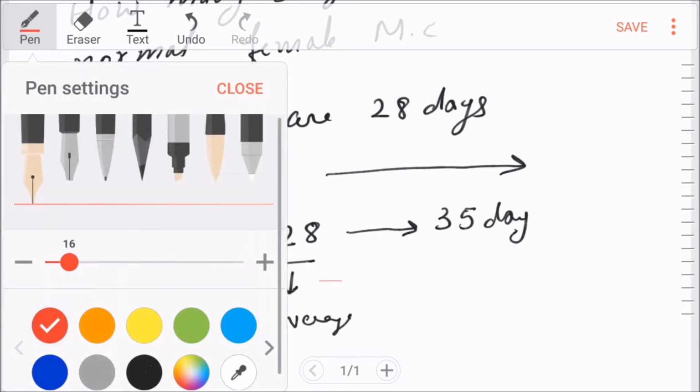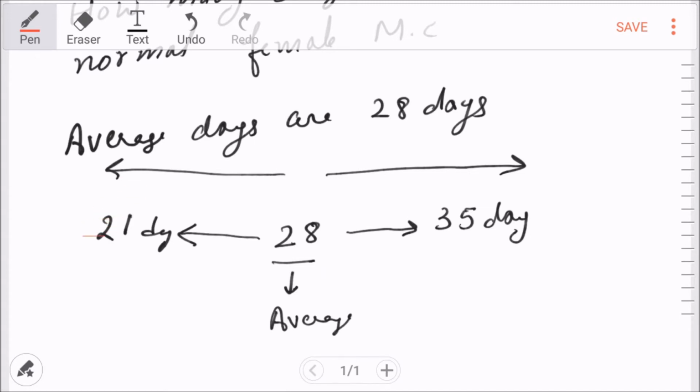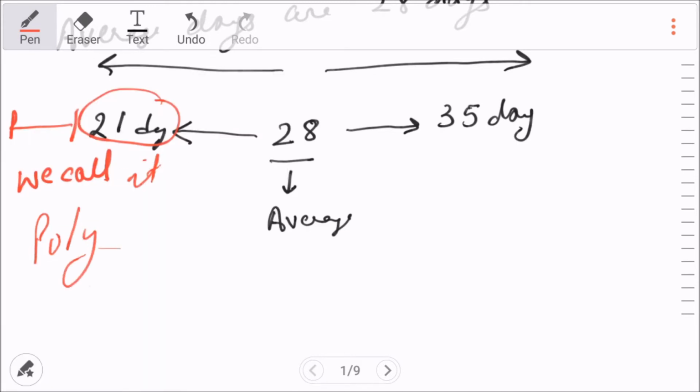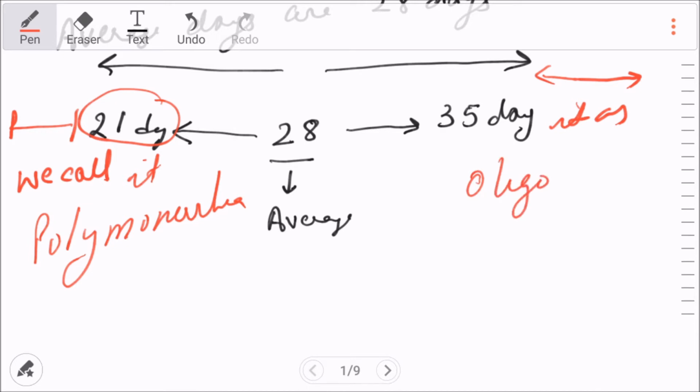But if the cycle is shorter than 21 days, then we call it polymenorrhea, and above 35 days we call it oligomenorrhea.